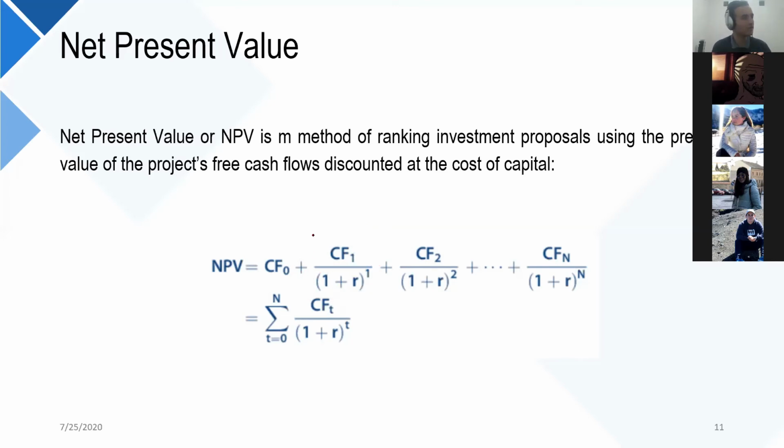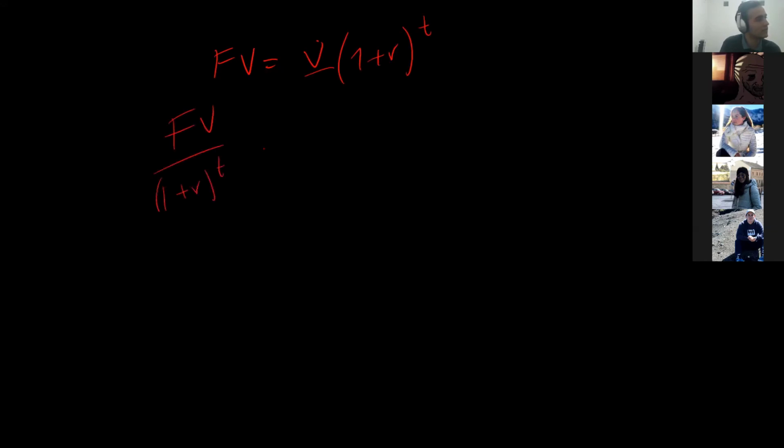So let's go back to the board, and the formula we had was future value equals the value times 1 plus the rate to the time, all right? We want this one, we want the value. So all you need to do is a simple algebra exercise. You need to clear this side of the equation. So you go future value equals the value times 1 plus the rate to the period, over 1 plus the rate to the period.